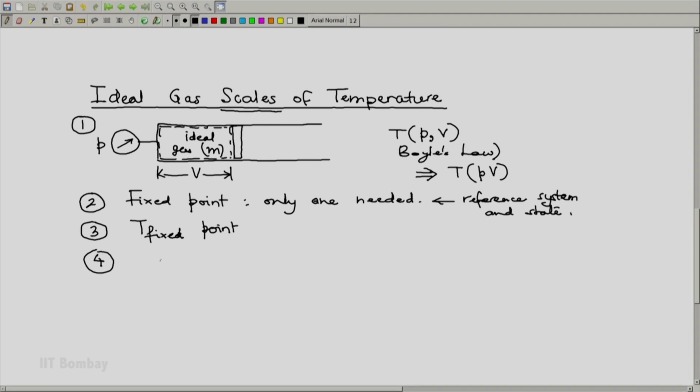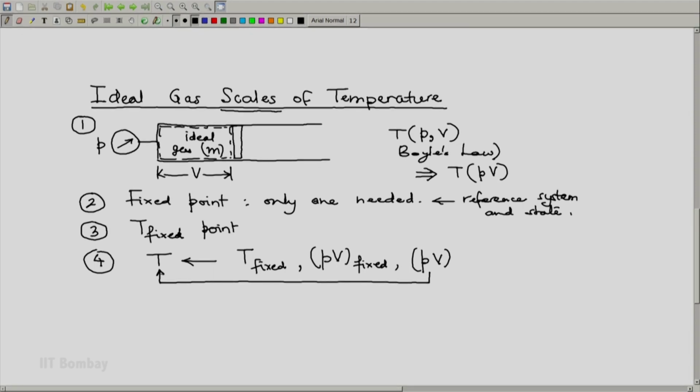And then we can define or obtain T in terms of the temperature of the fixed point, the PV product of our system at the fixed point, and the PV product at the state where we want to determine the temperature. So this would be something like an interpolation law. I am putting interpolation within quotes because it is not really an interpolation. There is only one fixed point, and from that point we define the temperature over the range.